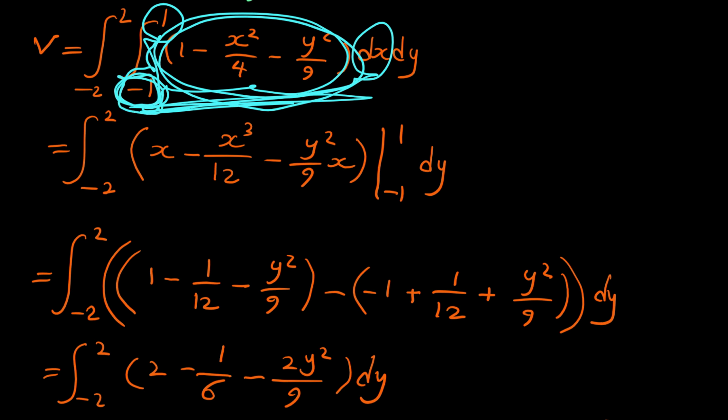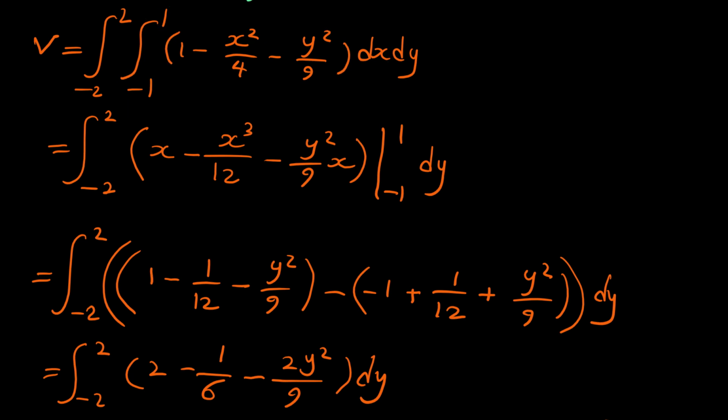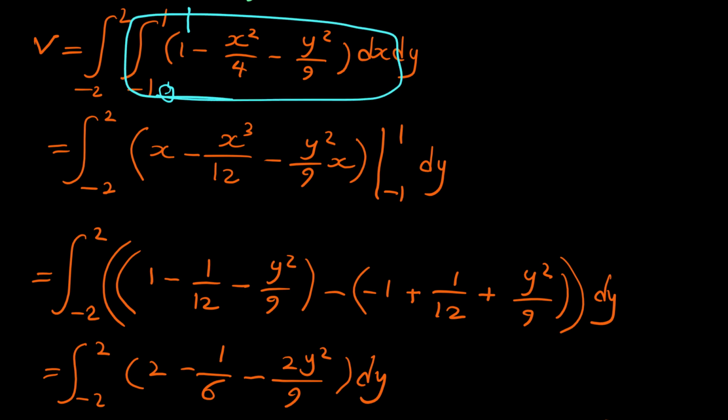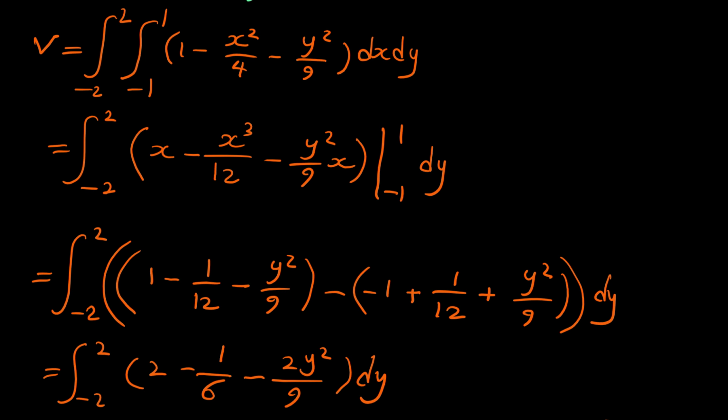Because the integration is from -1 to 1, and this function is even, you can change the integral from -1 to 1 to 0 to 1 and double it, because for even functions, instead of finding the integral from -a to a of f, we can simply write 2 times the integral from 0 to a of f.